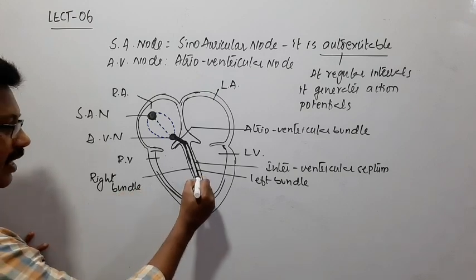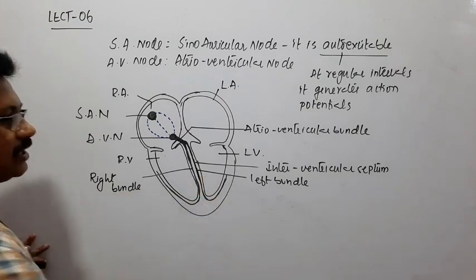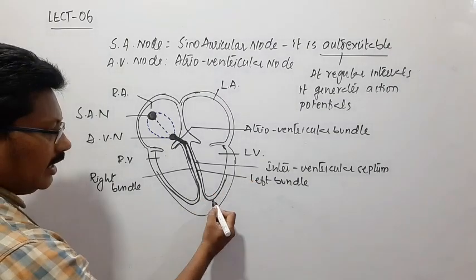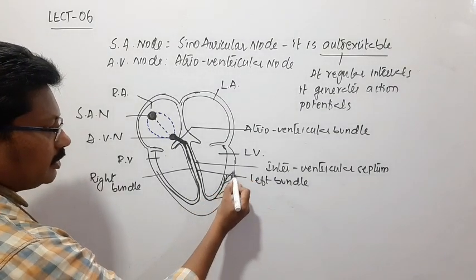So this left bundle, after entering into the wall of the left ventricle, starts branching off.